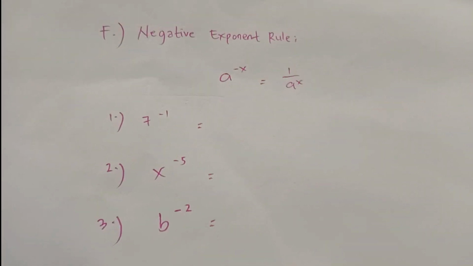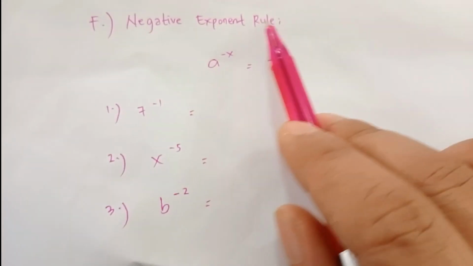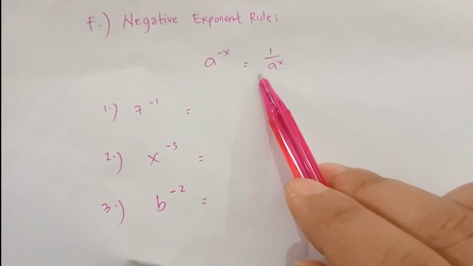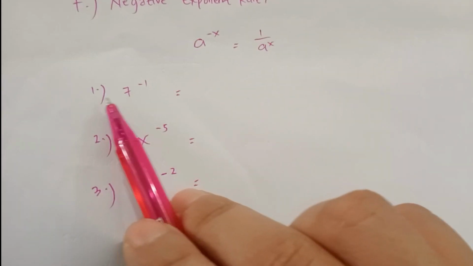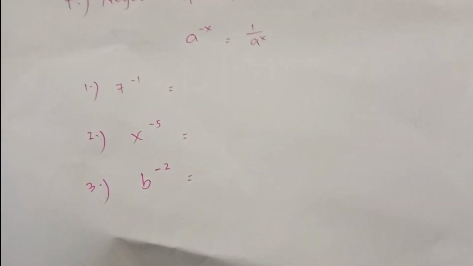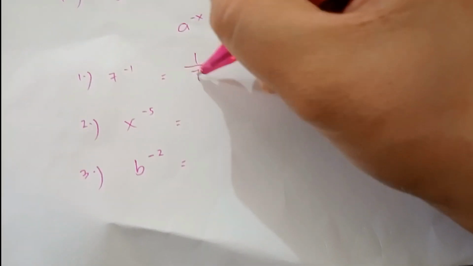Then the last law of exponents, we have the negative exponent rule. We have the formula a raised to negative x equals 1 over a raised to x. Number 1, 7 raised to negative 1. So just write 1 over 7 raised to 1.